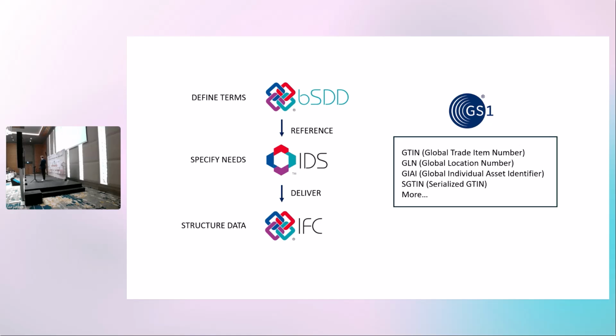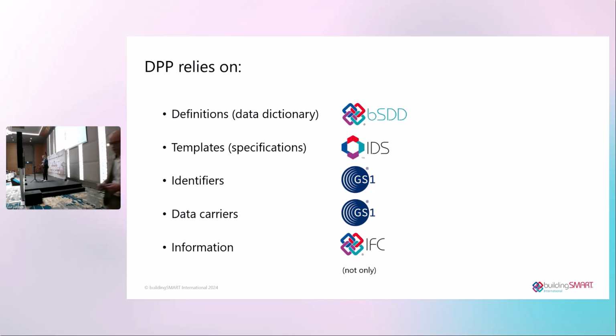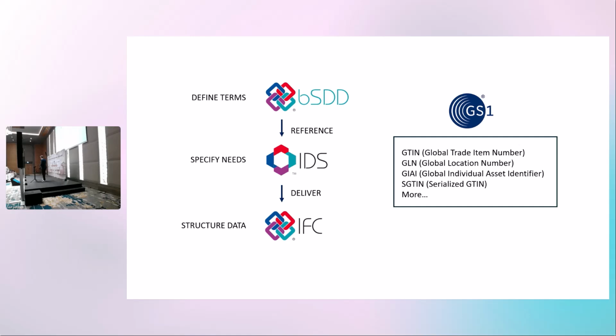On the right-hand side, you can see some of the GS1 solutions, such as the GTIN, GLN, GAI, AI, and SGTIN.